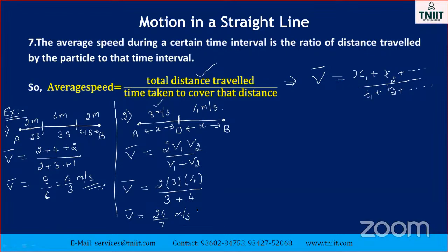So the average speed is 24 by 7 meter per second. Please be very careful, students, how to find the average speed for equal distances. For equal distances, the average speed is given by the formula 2 times V1 V2 divided by V1 plus V2. Got it? Come to the third case.